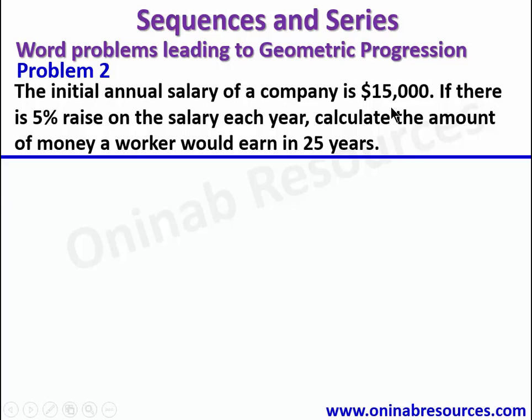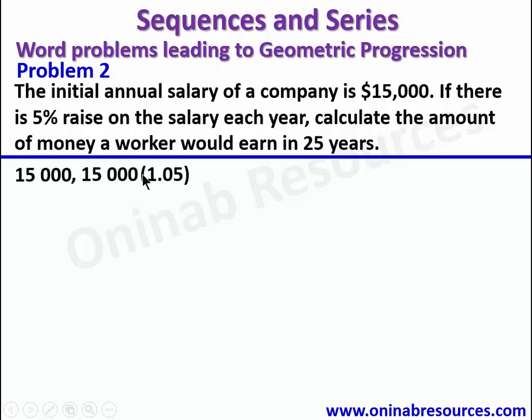Since there is a rise of 5% every year, the first salary is $15,000, then the second salary will be 15,000 times 1.05, since the total amount will be the original amount multiplied by 105%, because the second year it is going to be 105% of the first year.